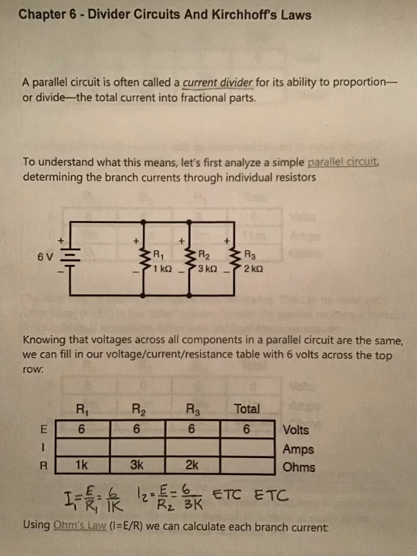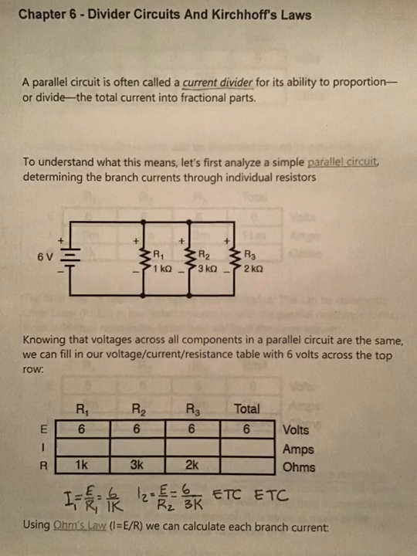Current divider is exclusively used for parallel circuits. I also want to tell you, don't forget, you can play these videos over and over if you need to grasp the material. As the first line says, a parallel circuit is often called a current divider because it divides and proportionally appropriates the currents into fractional parts, which means percentages get shifted into different branches based on the resistance.